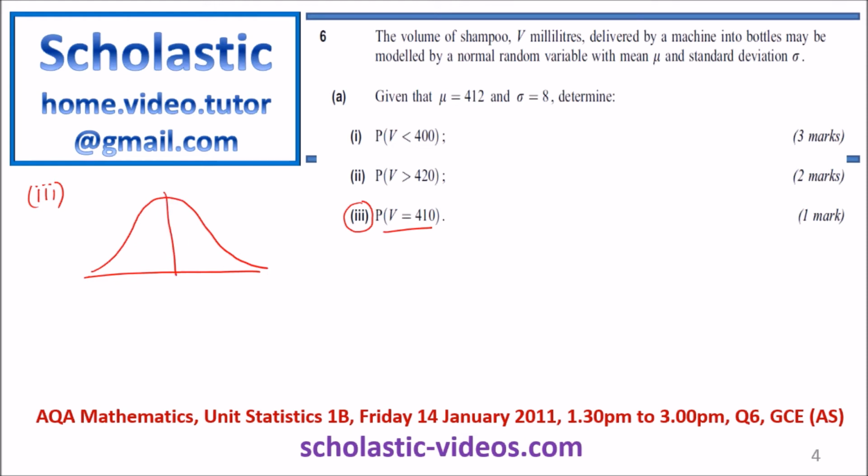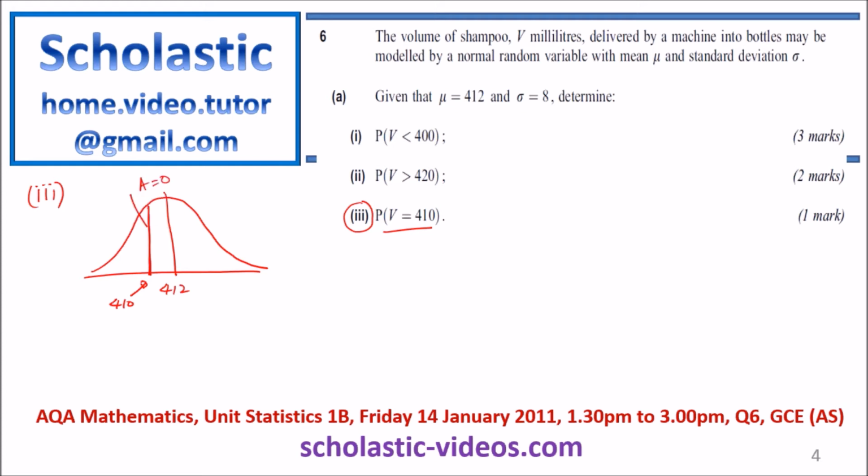If you are given a value which is exactly equal to some number, 410 in this case, what is the area under this curve? Basically the probability of getting exactly 410 equals the area under this curve. If it is just a single value, we can't have area. Area is 0 under this curve.